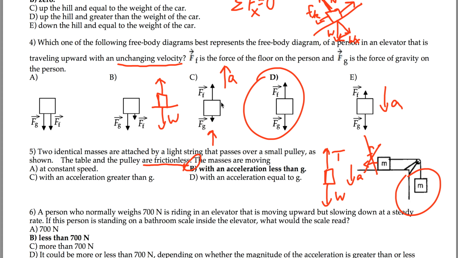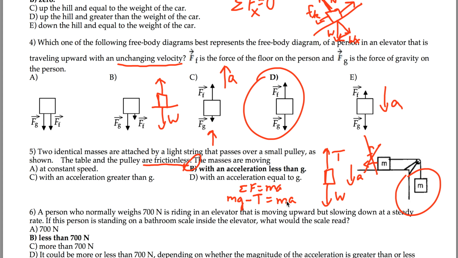Now, if you like to see equations, then you would just write Newton's second law based on your free body diagram here. The sum of the forces equals ma, and we're going to have the weight that is causing this acceleration here and the tension that is opposing the acceleration. I'm going to make it negative, and that's the sum of all the forces.